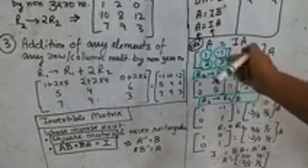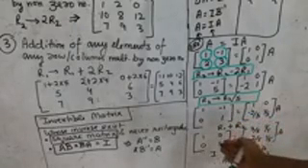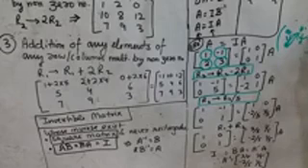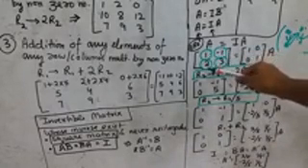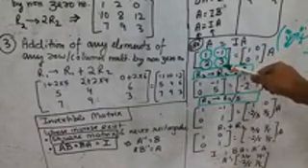Means for converting this matrix into the identity matrix, we have to move like this. First convert this into 1, then this into 0, then this into 0 and 1, like this. This should be the procedure. Means first this element should be converted, then this element, then this element, then this element.